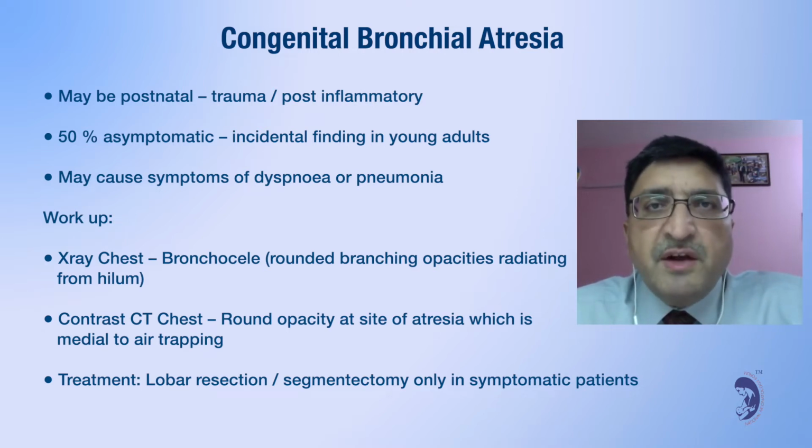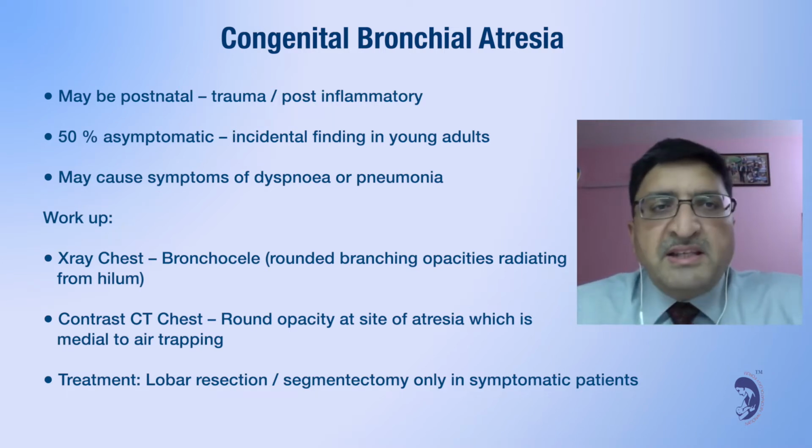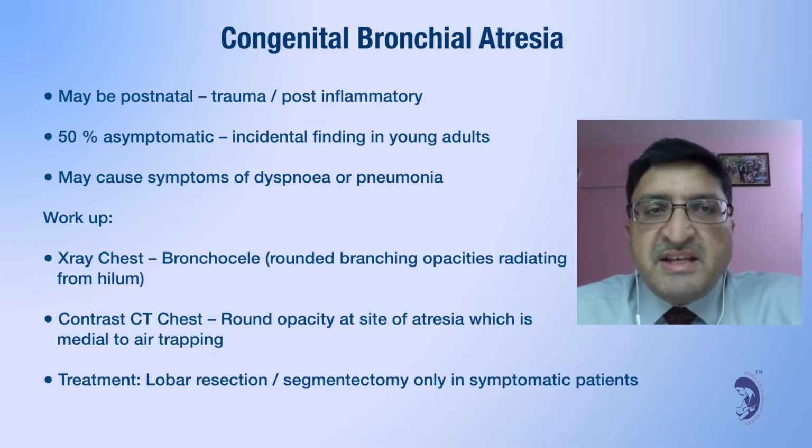50% of cases of congenital bronchial atresia are asymptomatic, and it may be an incidental finding which is seen in young adults. It may cause symptoms of either dyspnea or pneumonitis, and that is when they sometimes get picked up in later life. Let's see the workup. The X-ray chest, as is with all common lung lesions, shows the formation of a bronchocele, which is rounded branching opacities radiating from the hilum.